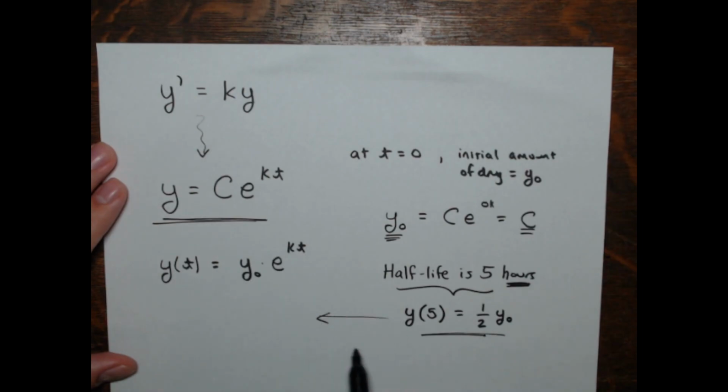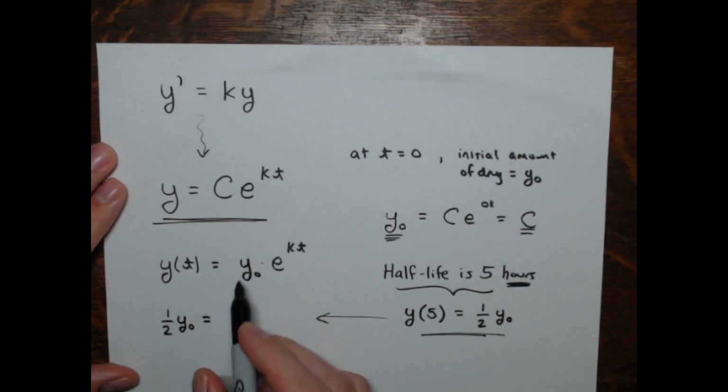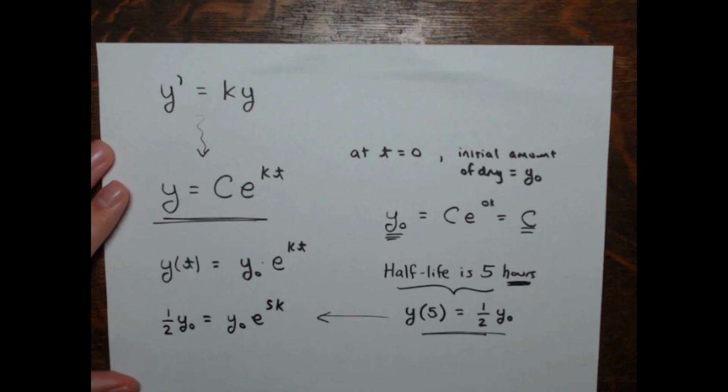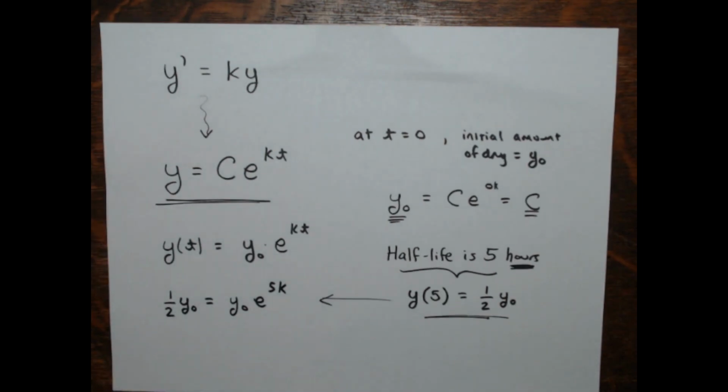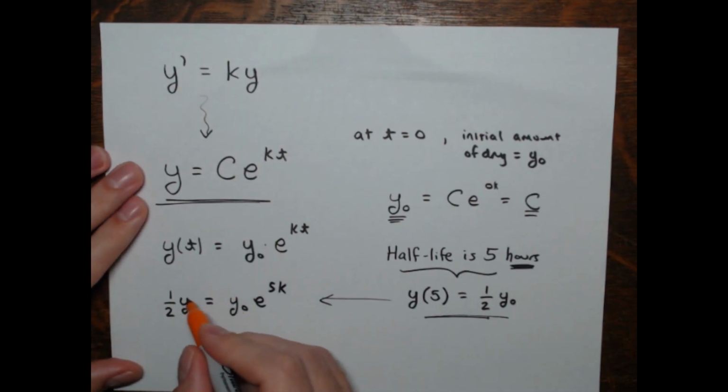So I put this stuff in, right? When t is 5, y is half of the original dose. So I have half of y sub 0 on the left equals y sub 0 times e to the 5k, where little t is 5 hours. Now the nice thing is, if I divide both sides by y sub 0, it's gone.